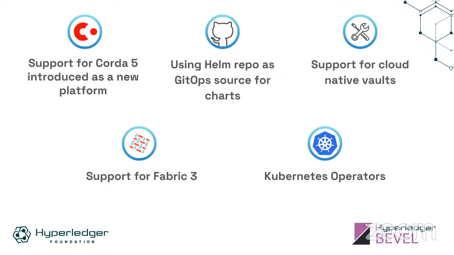Support for Corda 5 is definitely up in our roadmap. I think they have come up with a stable Corda 5 version. If someone is interested, they can join our calls, and we can discuss and plan to have Corda 5.